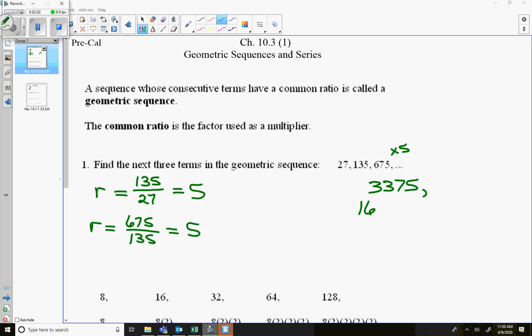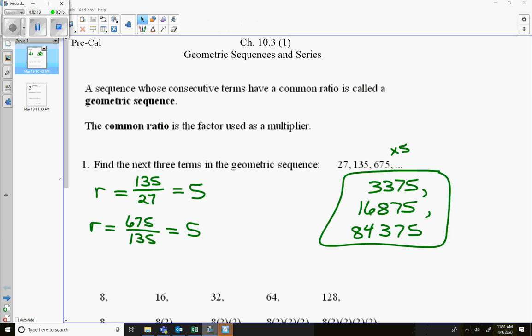I have the answers here in front of me. It's already been punched out in the calculator. Next term, multiply that answer times 5: 84,375. So those would be your next three terms in this geometric sequence.